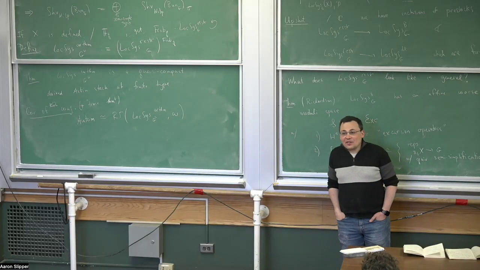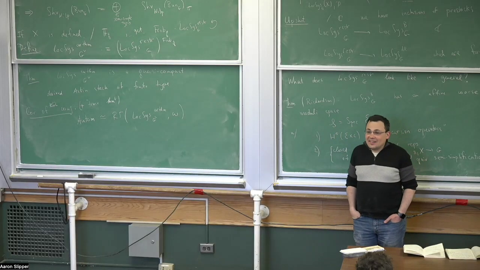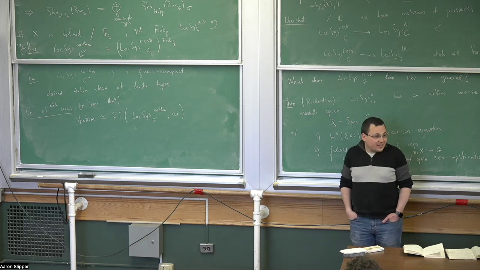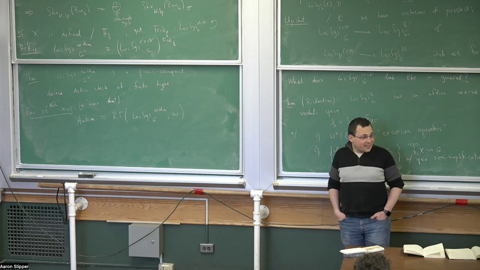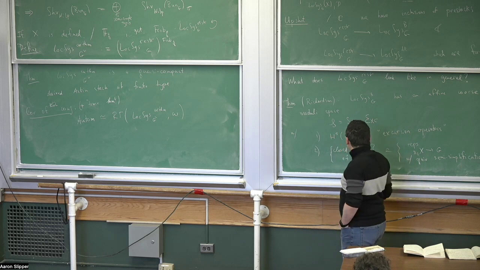That's how the strategy works. That in turn depends on the entire work in progress, hundreds of pages. For GL_n, it's easier.